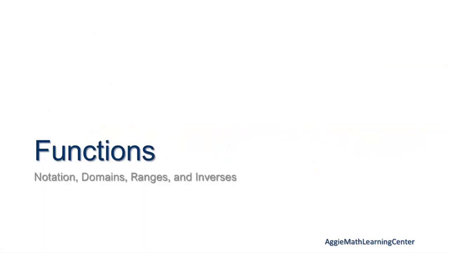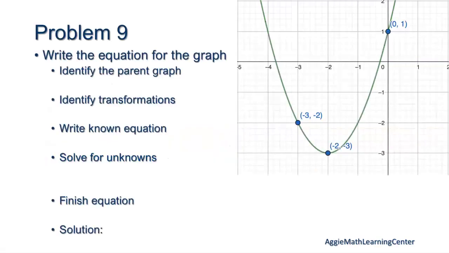Then functions. To start off with functions, we're going to work on this problem, which is a quadratic. So here we have listed off the steps. So we want to identify the parent graph. Now usually quadratics come in some form of ax squared plus bx plus c.